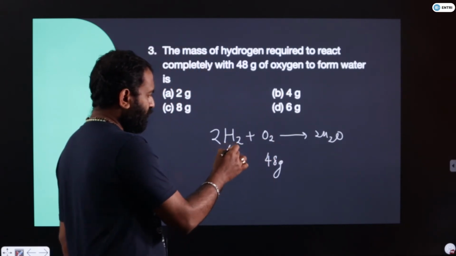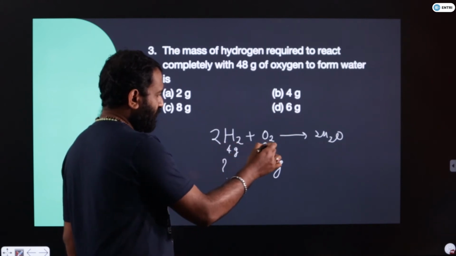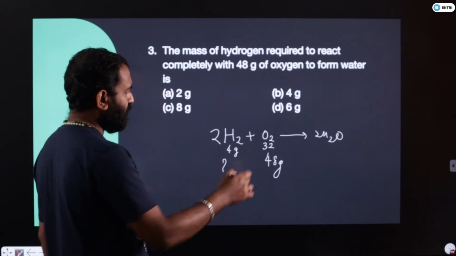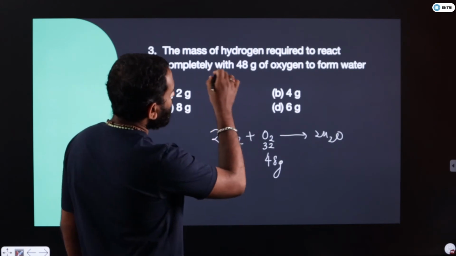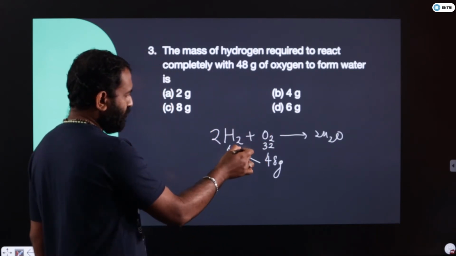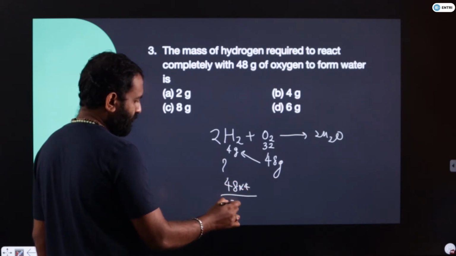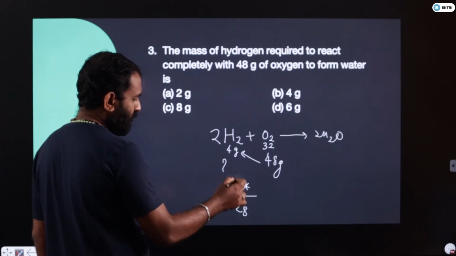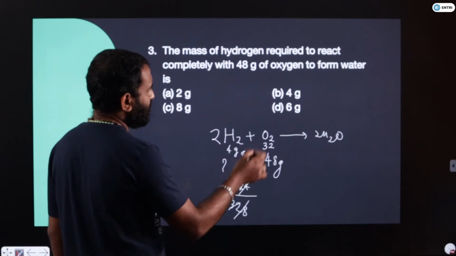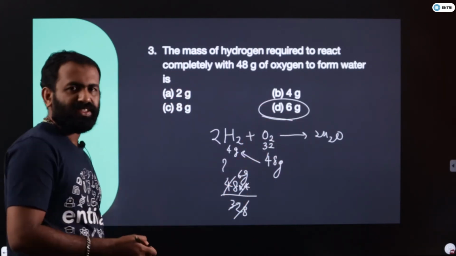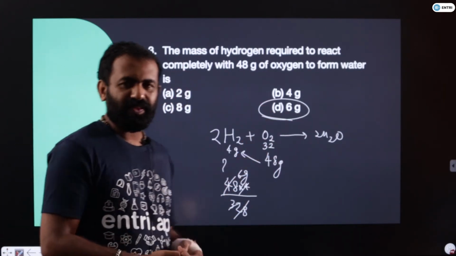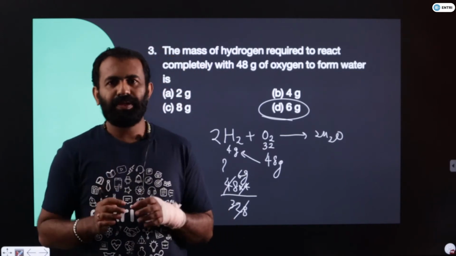Basically 4 gram hydrogen combines with 32 gram oxygen. So for 48 gram oxygen, the mass of hydrogen required is the question. So 48 into 4 divided by 32. So 6 gram, option D, 6 gram. These are the basic calculations in stoichiometry.